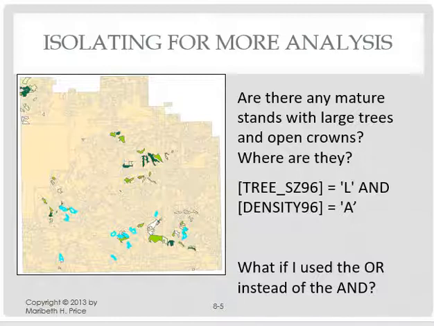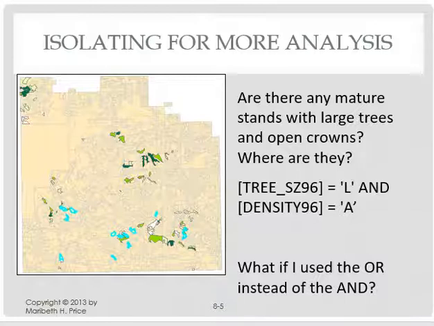There is some kind of value somewhere that says tree size L is between some either height or circumference and another circumference, and the density type is also based on some kind of coverage. So this is a density type A. This could also be thought of maybe as ordinal data, where the highest density is A, medium density is B, but you'd really have to have some metadata to tell you what those are.